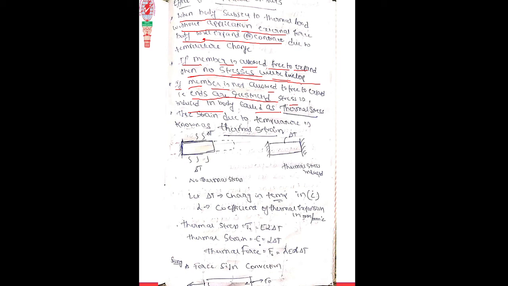In brackets you write sigma T. Thermal stress means sigma suffix T.